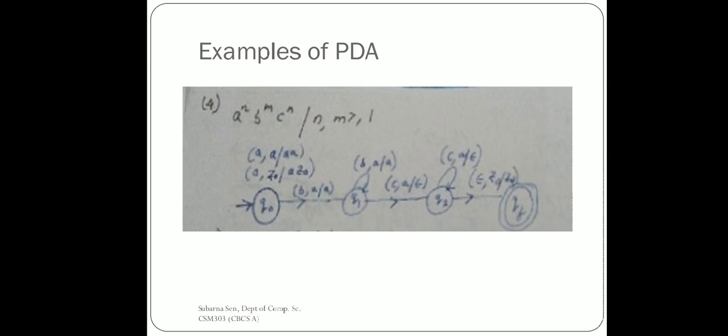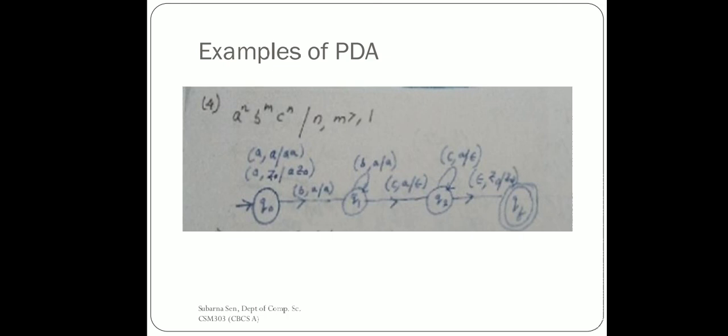Once a B is seen, we are not popping A. We just move to the next state with B, but we are not pushing B onto the stack because we do not need to remember the number of B's we have visited. See, the stack content is not changing. A/A remains. Whatever number of B's you count, you just stay in one state and keep on counting.